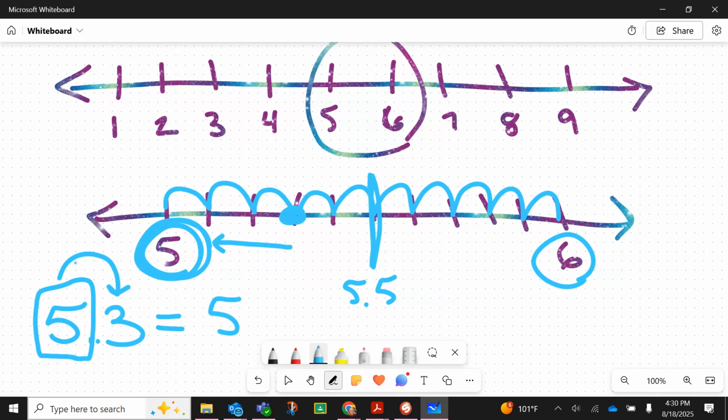And then go next door to the right, see what you've got. This one is a 4 or less, so we're going to let our number rest. We're going to leave it alone. And then you just leave that 5 there, because everything that was to the right now became a 0. So it's just 5. Or you could say 5.0, but this is the same thing as just 5.